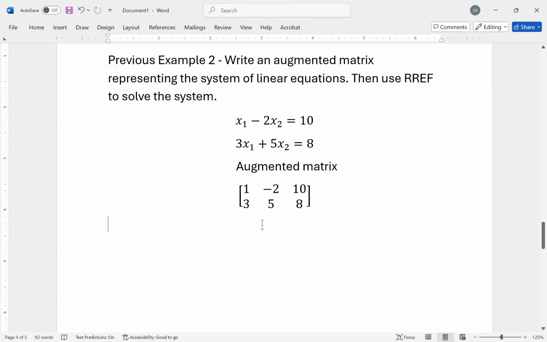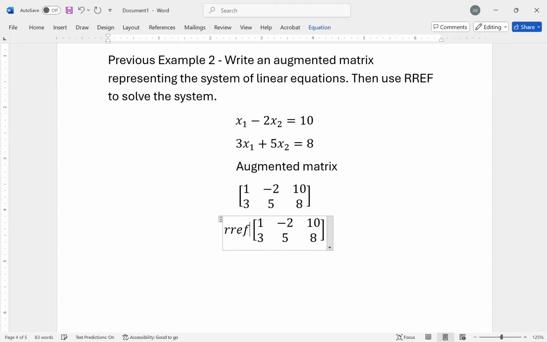All right, so let's do this. First off, the augmented matrix we found earlier has 1, -2, 10 as the first row, 3, 5, 8 as the second row. I'm going to use the row-reduced echelon form to solve that.